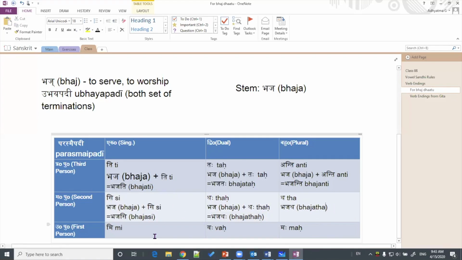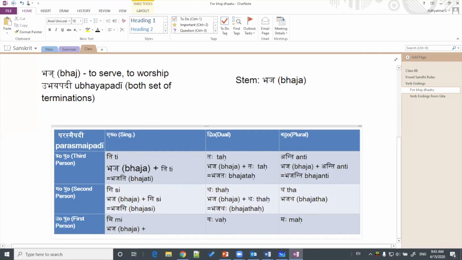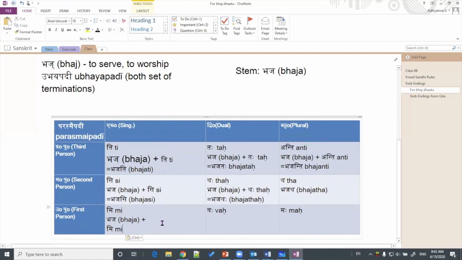Now here I have bhaja plus ami, and it becomes, so now it seems that if I follow the same logic, it should become bhajami.